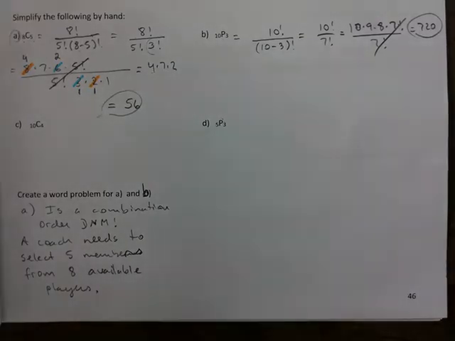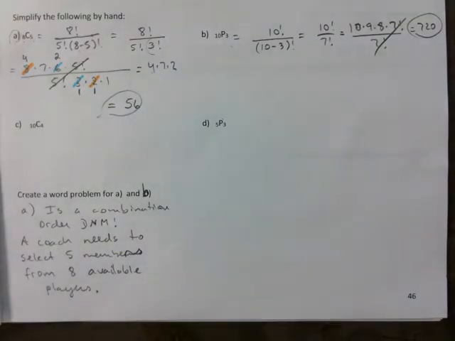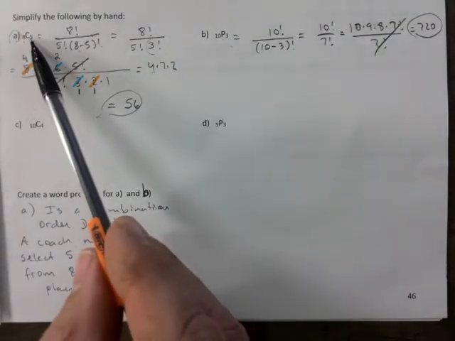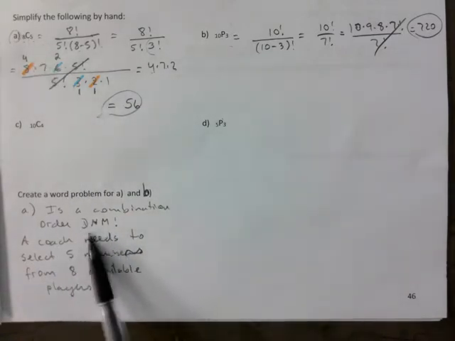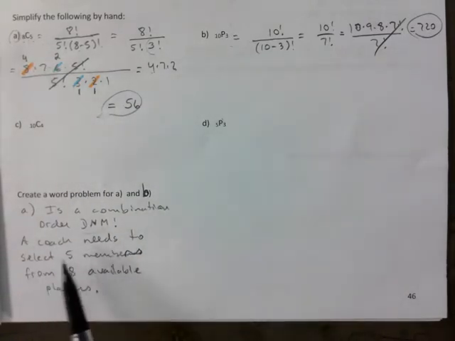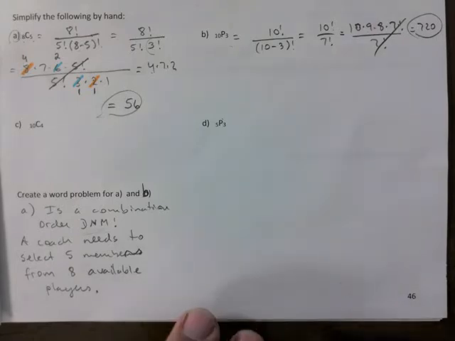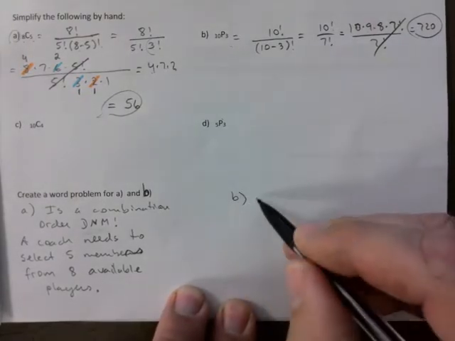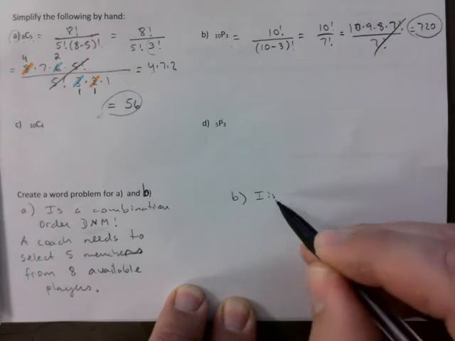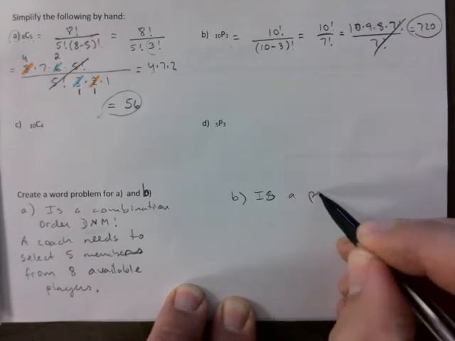Sorry, it's a bit small, right? I apologize. But just make a note that it is a combination. So order will not matter in this case. So a coach needs to select 5 members from 8 available players. That's as easy as it would be, guys. Don't make it too fancy, right? For B, it is a permutation.